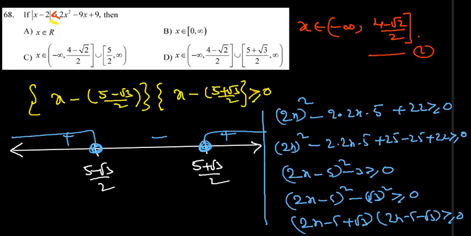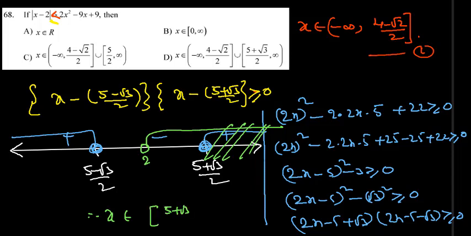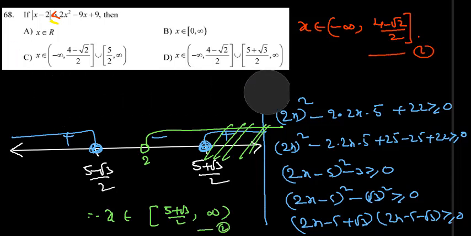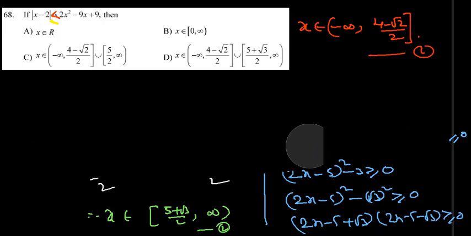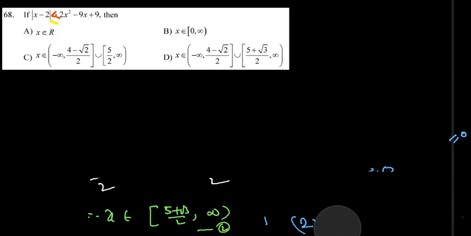But our case is x greater than 2, and greater than 2 is here only. So greater than 2 is this area, and this is the common area. What I can say is x belongs to the closed interval from (5 plus root 3)/2 to infinity. This is part 2, so I will combine part 1 and part 2 to get the total solution.